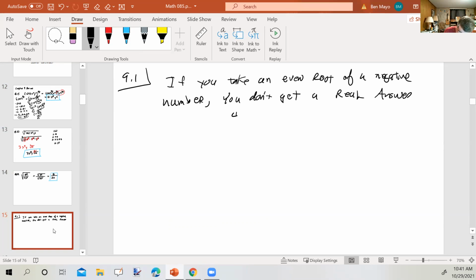So let's say I've got the fourth root of negative whatever, -5. It's going to be not real. And sometimes the author also calls it undefined. Again, read the directions to the problems.